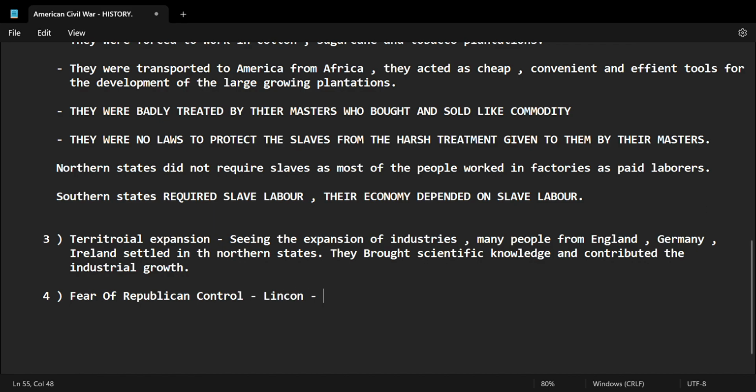Lincoln wanted slaves to be free, and Douglas wanted slavery to continue.